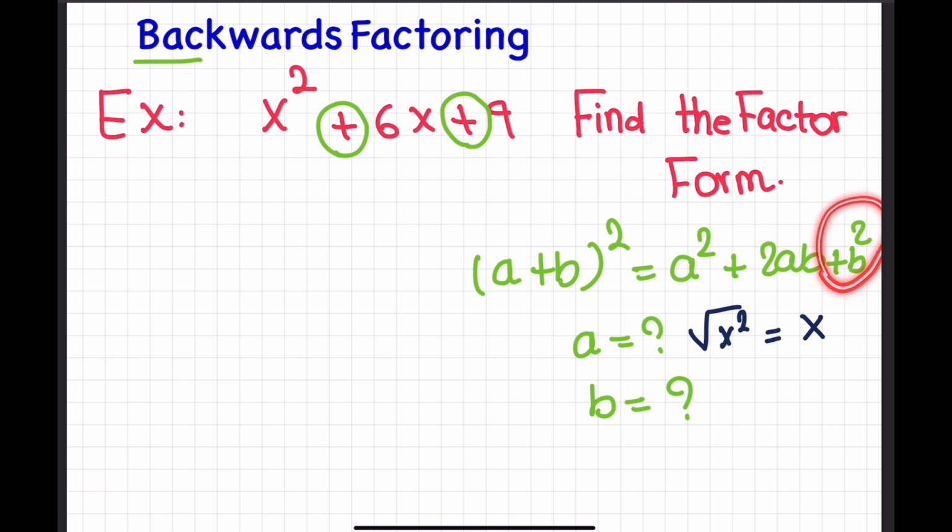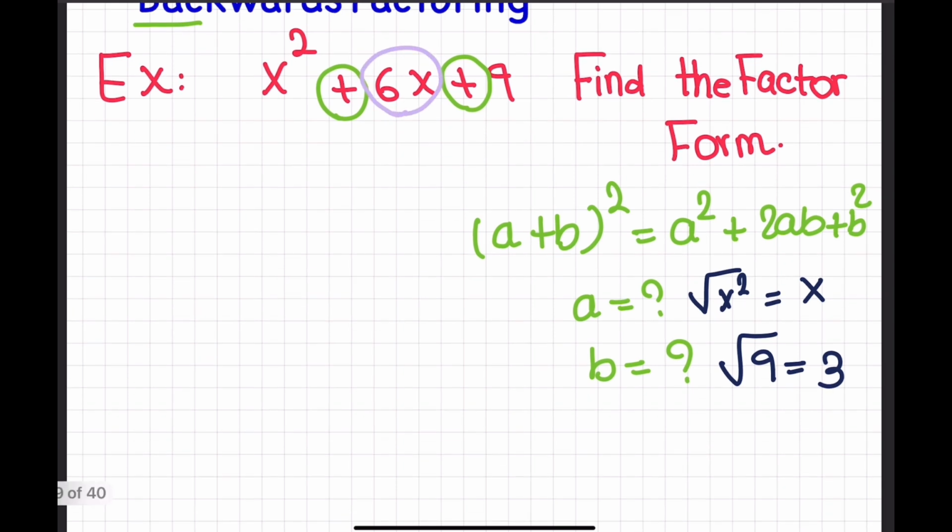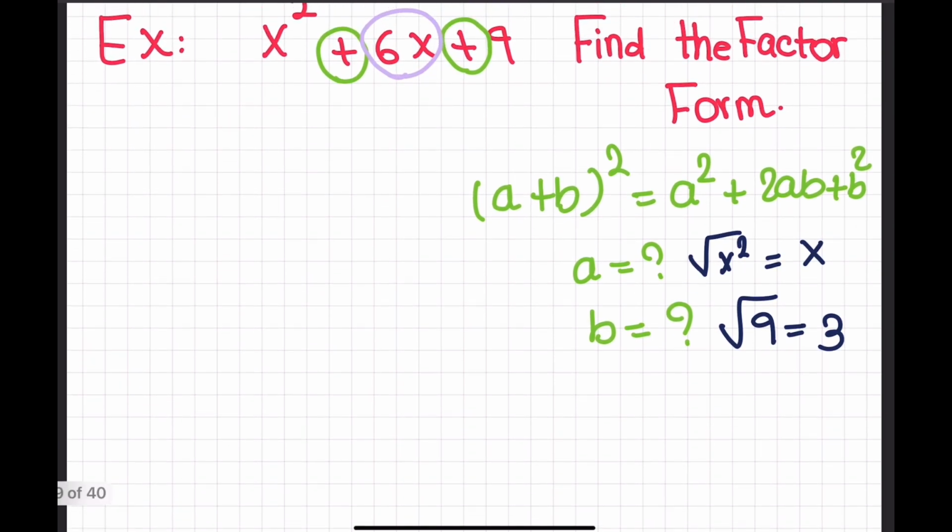This is b squared, so the square root of 9 is 3. The middle term is 6x. Just to make sure you have the correct thing, 6x is actually 2ab.